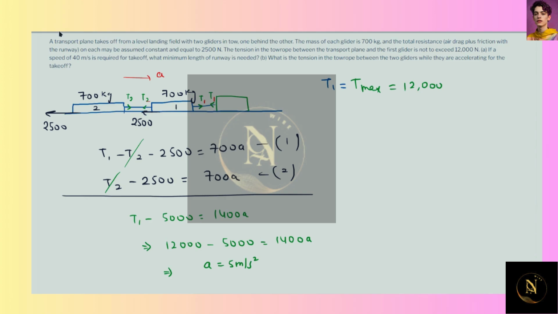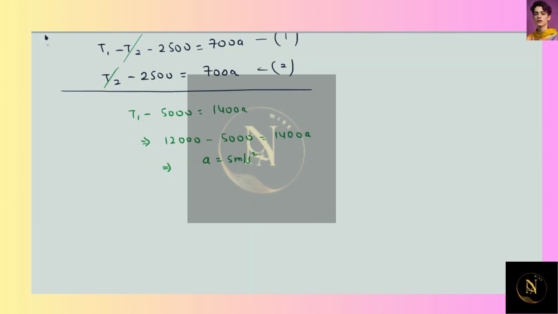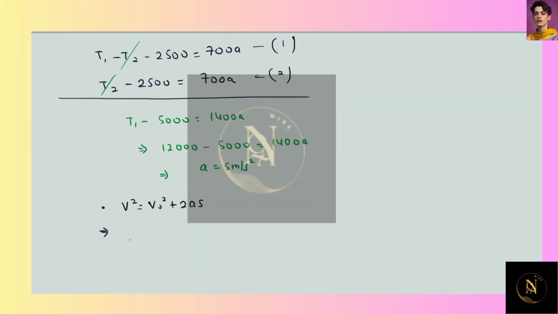But we are not really interested in the acceleration. We have to find the minimum length. It means that we're going to now use the equations of motion. I think we're going to use the third equation, which is v squared is equal to v naught squared plus 2as. The speed with which it has to take off is 40, so this is 40 squared. Initially it is at rest, so 0 plus 2 times 5 times s.